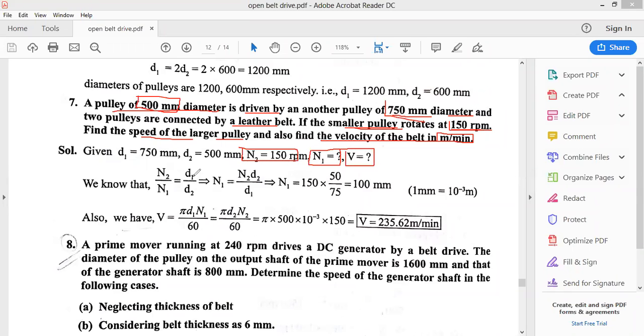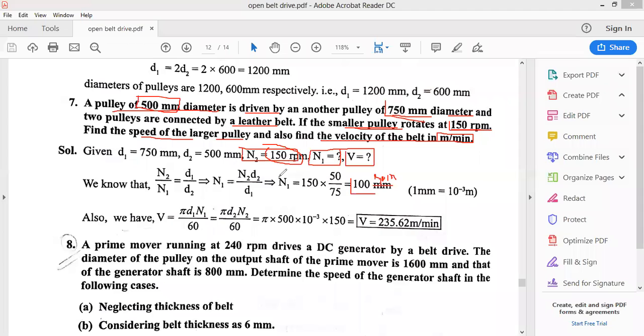So N2 by N1 is equal to D1 by D2, where N1 is unknown. Once we substitute these values, we get N1 equal to, sorry, it should be 100 rpm, not mm, because it is the number of rotations the pulley makes. So N1 rotates at 100 rpm, and N2 rotates at 150 rpm.